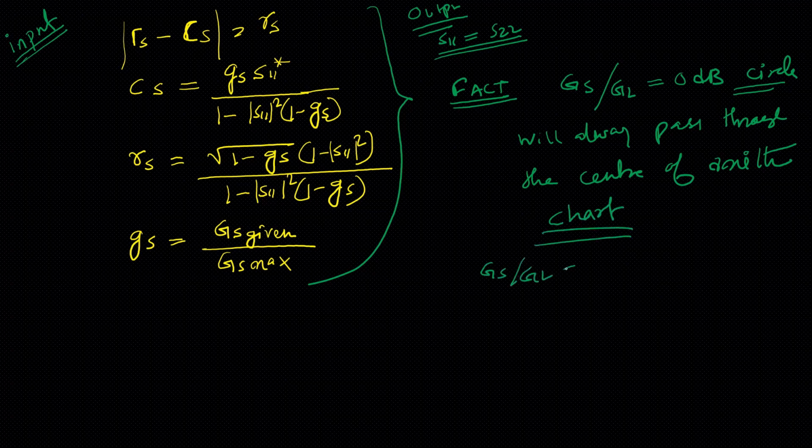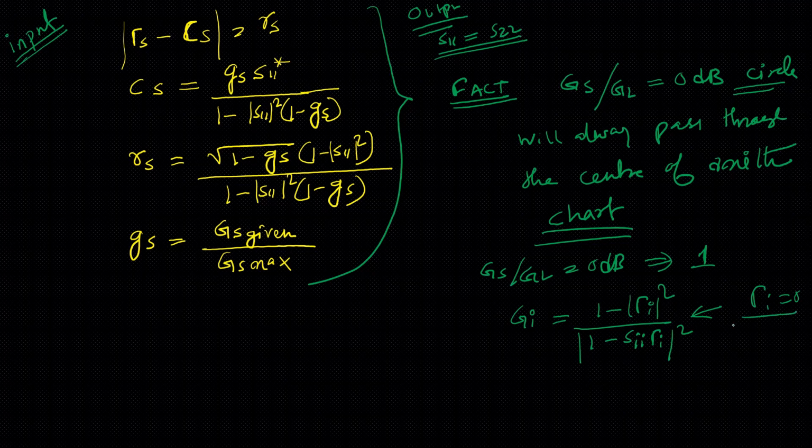GS or GL equal to 0 dB implies it is 1 in linear scale, and your GS or GL, let me write it as GI, is given by 1 minus gamma I whole square over 1 minus SII, it will be 11 or 22, into gamma I whole square, and this becomes 1 only when our gamma I equals 0.